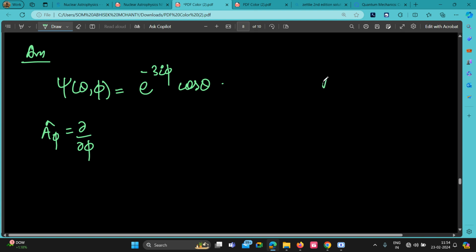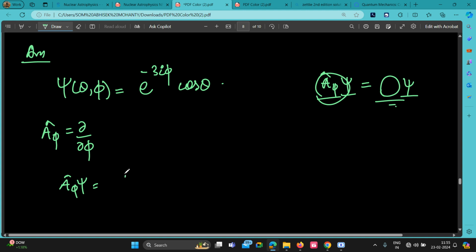So how to check? If A phi acting on psi, I get the psi thing again, then that is the eigenfunction relation. So A phi psi is equal to del by del phi of e to the minus 3 I phi cos theta.